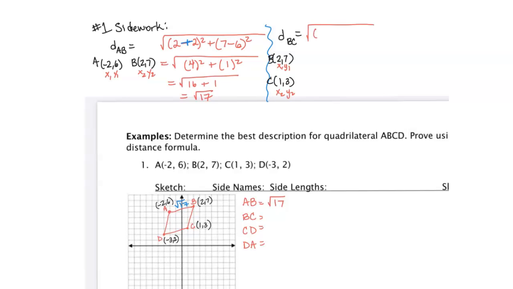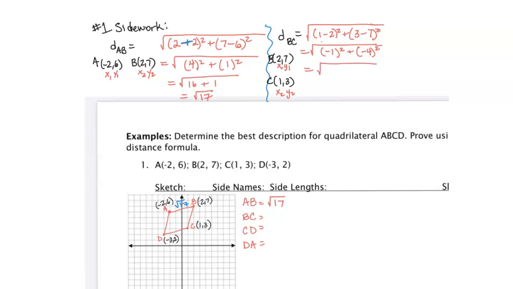We have x2, which is 1, minus x1, which is 2, squared, plus y2, which is 3, minus y1, which is 7, squared. This equals the square root of 1 minus 2, which gives us a negative 1 squared, plus 3 minus 7, which is a negative 4 squared.